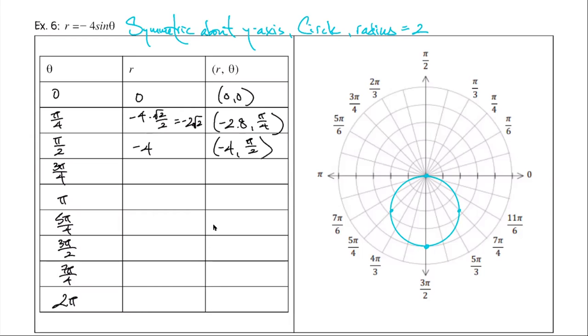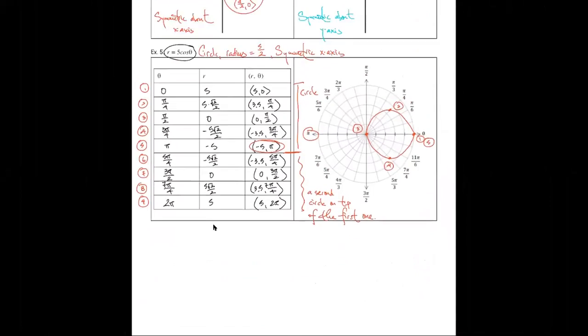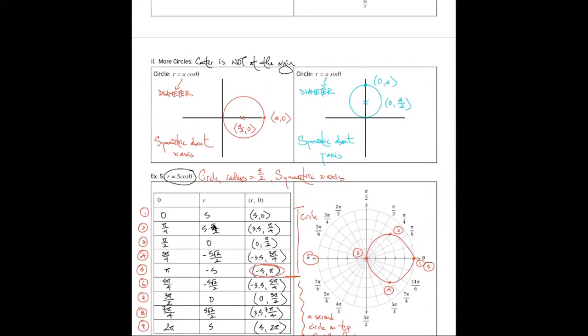So we have a circle, the radius is 2, it's symmetric about the y-axis, matches up with everything that we talked about before, okay? But if we look back real quick at the other one, I said that if it's a sine theta, it was a circle symmetric about the y-axis, and the one I drew was on top of the x-axis, right?